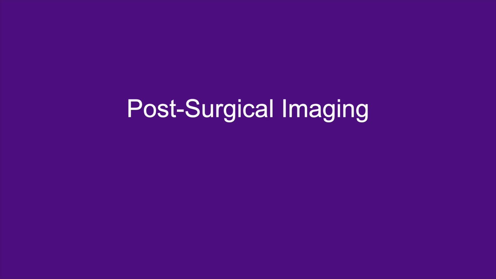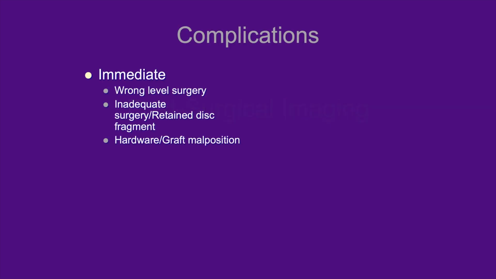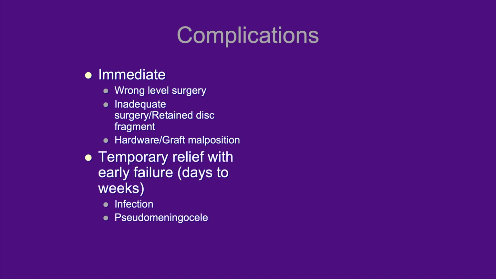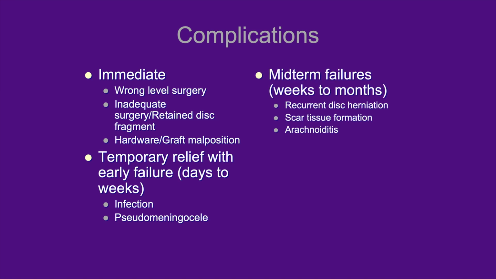In the last few minutes, I'd like to go over post-surgical imaging. When we talk about complications of spine surgery, we can group it according to temporal relationship to the index surgery. In the immediate postoperative period, you may have wrong level surgery, inadequate surgery, or hardware or graft malposition. In the short-term period, you can have temporary relief of symptoms with recurrence of pain or other symptoms due to infection or dural tear with CSF leak.